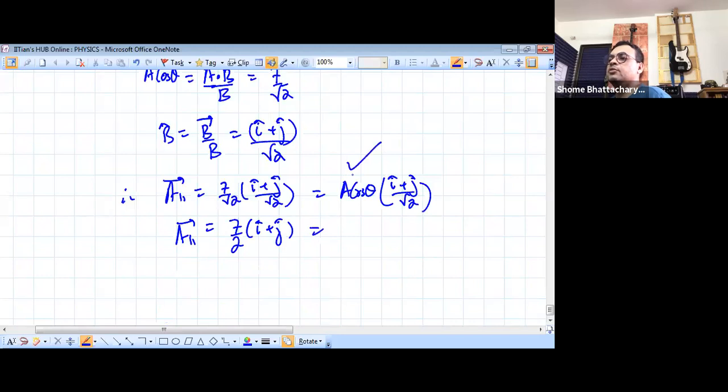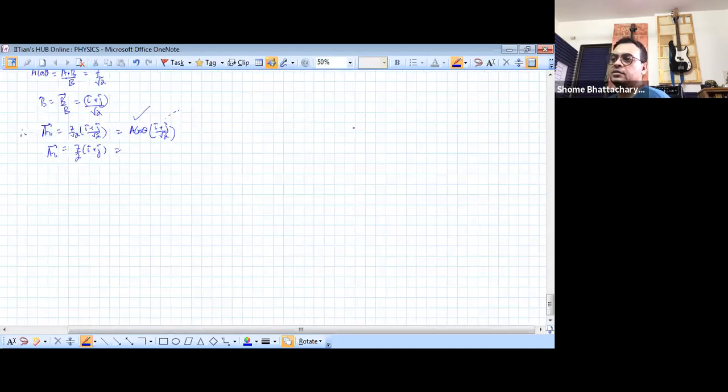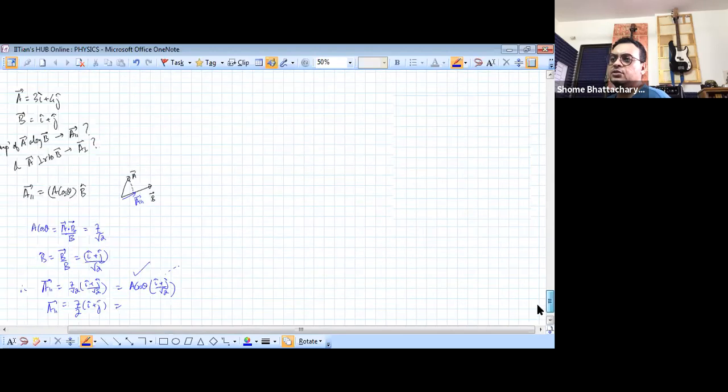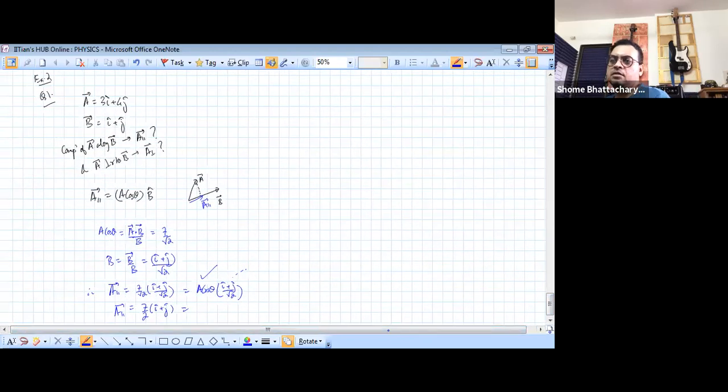The options give the magnitude as E cos theta, with the unit vector's value given. That unit vector is nothing but B cap, which is vector B divided by its own magnitude. So that is one of the options which you will mark as correct. Just go through this and make sure you understand this. Then we'll come to the perpendicular one.